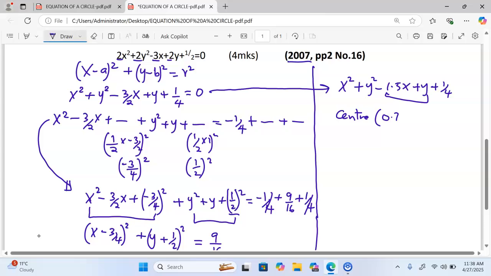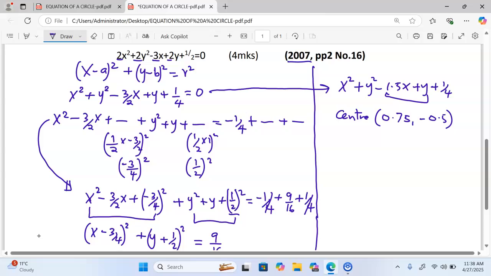This is positive 0.75, negative 0.5 as the coordinates of the center.